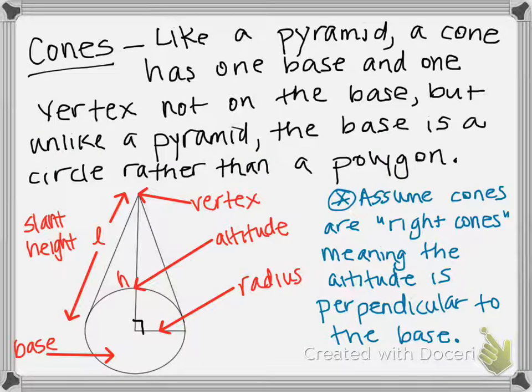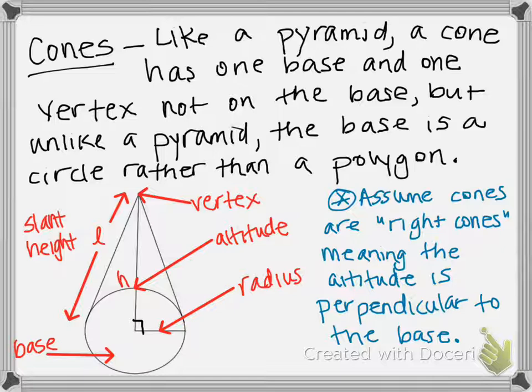We also have to talk about cones. So cones, like a pyramid, have one base and one vertex that's not on that base. But unlike a pyramid, the base is a circle, not a polygon. So it looks kind of like a pyramid, but if you notice, the base is a circle, so instead we call it a cone.